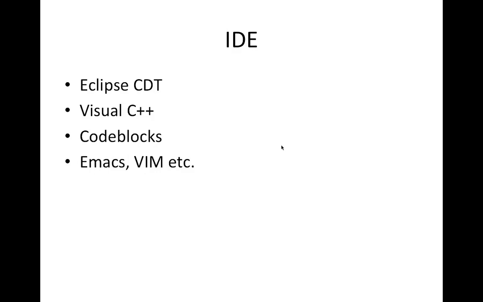And the IDE that I'll be using in these tutorials is the Eclipse CDT, which stands for C++ Development Toolchain or something like that. I'm not sure. And again, Eclipse CDT is free.